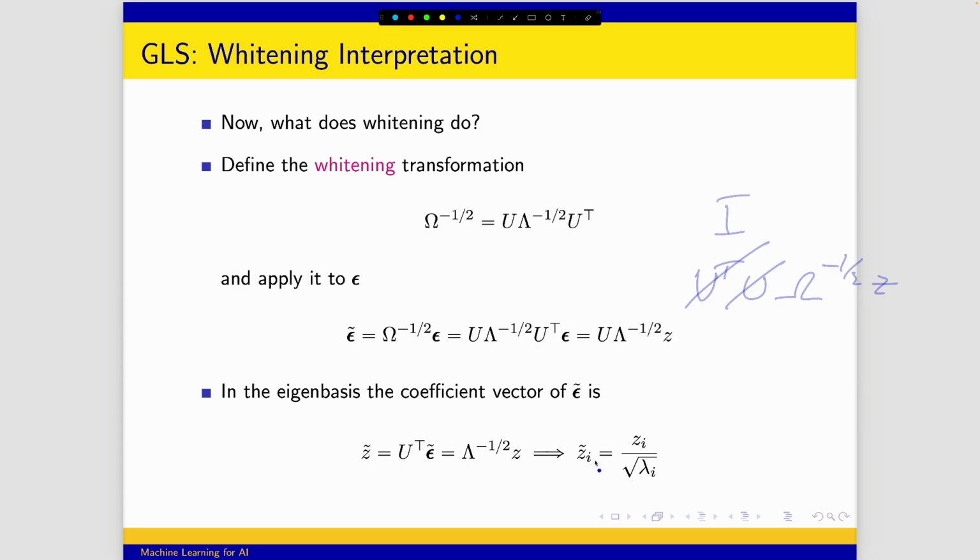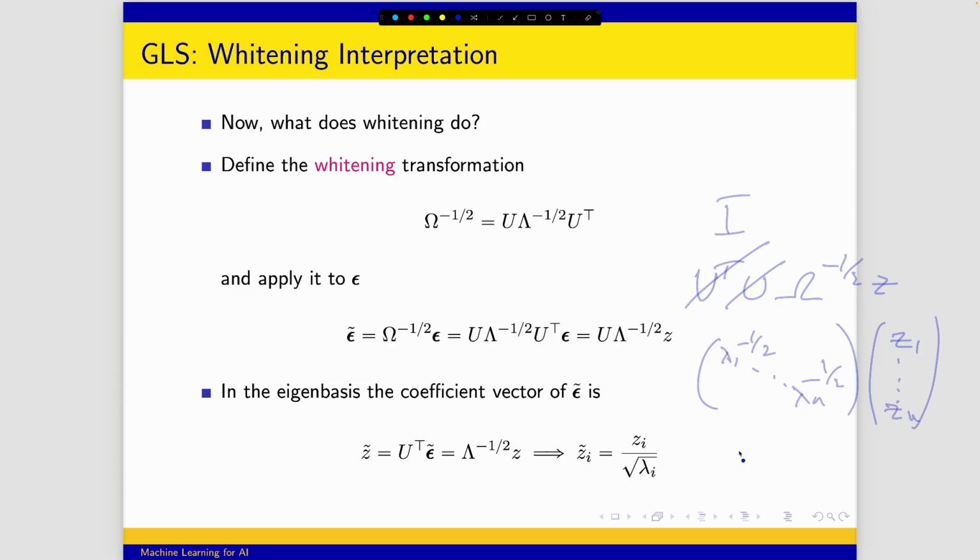And what is this? Well, it's lambda to the minus a half. So let me write lambda 1 to the minus a half, down to lambda n to the minus a half, meaning 1 over the square root of lambda n. This times the coefficient vector of epsilon in the eigenbasis, z1 to zn.